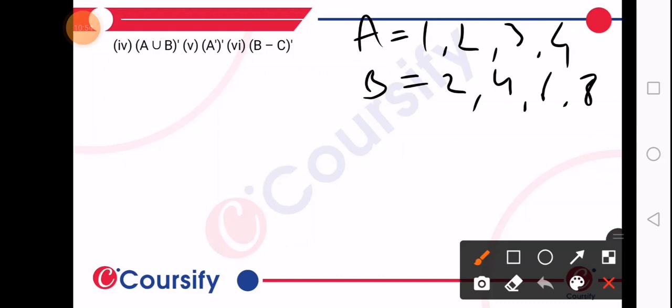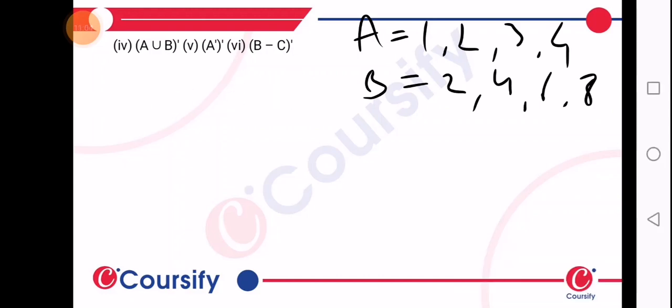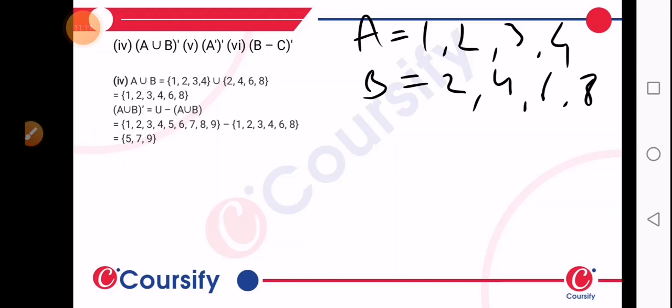Now, before we start finding the complement of A union B, the formula is universal set minus A union B. Now, A union B. Let's look at the solution. We have 1 2 3 4 6 8 as I rightly solved. Next, we have universal set 1 2 3 4 5 6 7 8 9 minus 1 2 3 4 6 8.